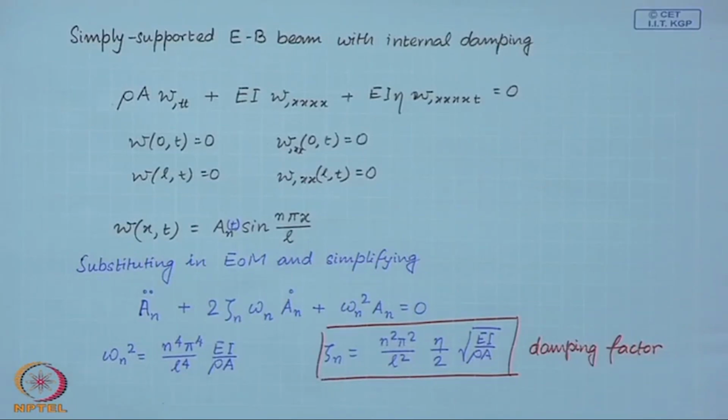You can repeat this analysis with external damping, and you can easily show, and this we have seen before as well in the case of strings and bars, that with external damping the lower modes are more effectively damped than the higher modes. Same conclusion can be drawn even for this beam vibration, where we find that internal damping is effectively damping the higher modes and the external damping will effectively damp the lower modes.